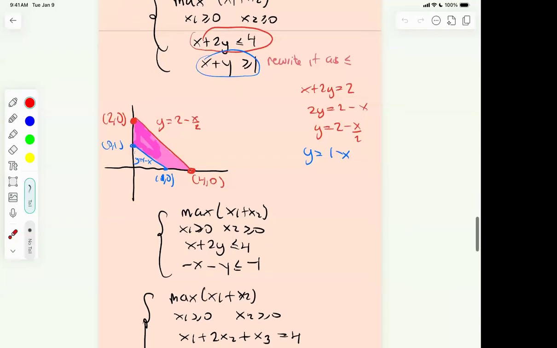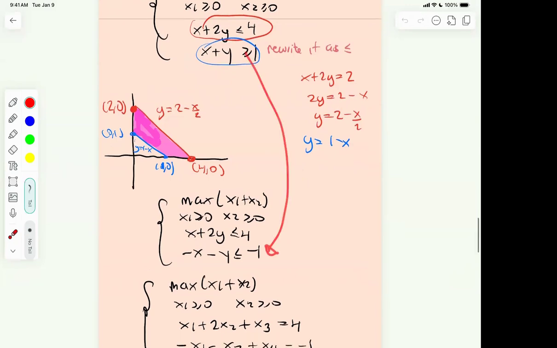But then the idea is that, and this is where you have to be cautious, when you write it in the usual notation, you have to turn it to a less or equal to 1. That can be done easily just by multiplying by -1.